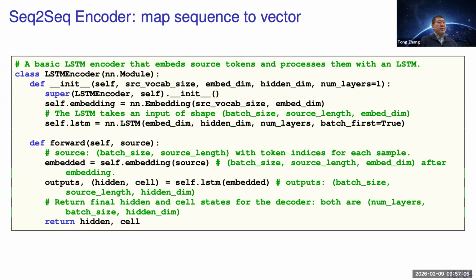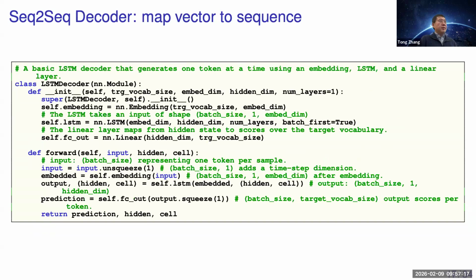So this is basically a pretty simple encoder-decoder architecture. You are encoding using this idea, and for the decoder you just continue, right? You start with this hidden cell, and each time you look at one token and generate the next token.